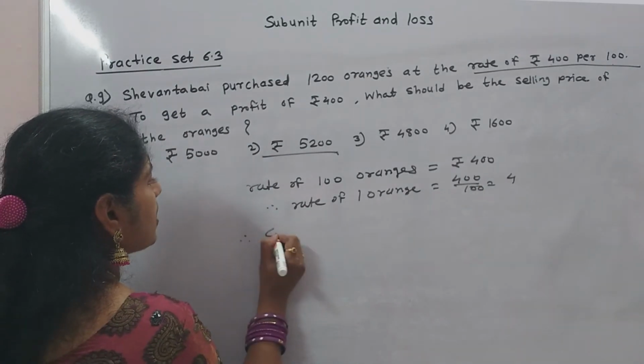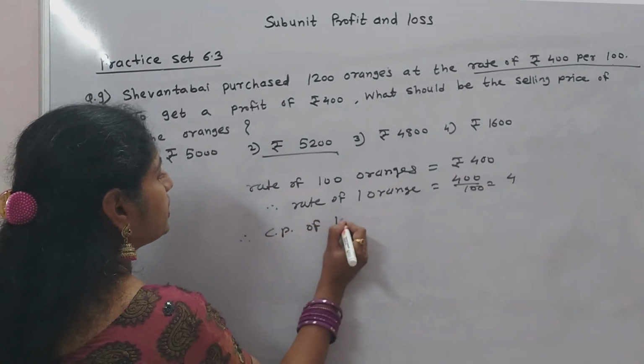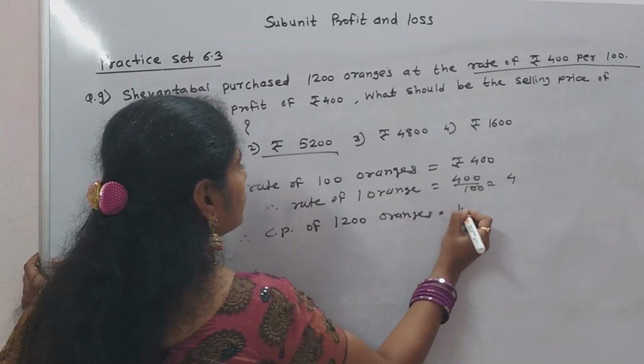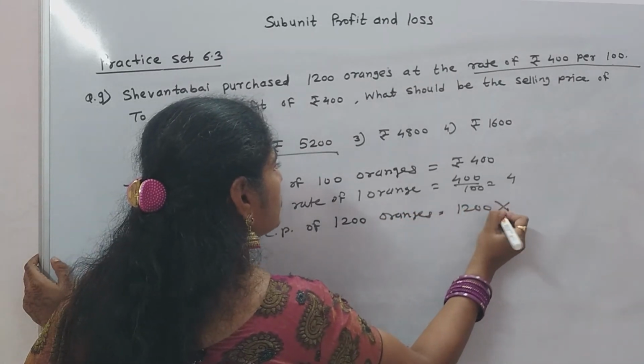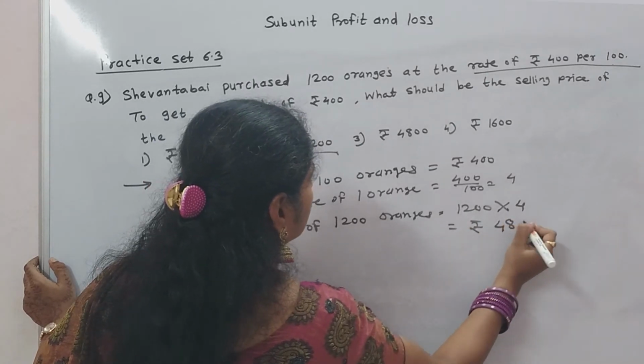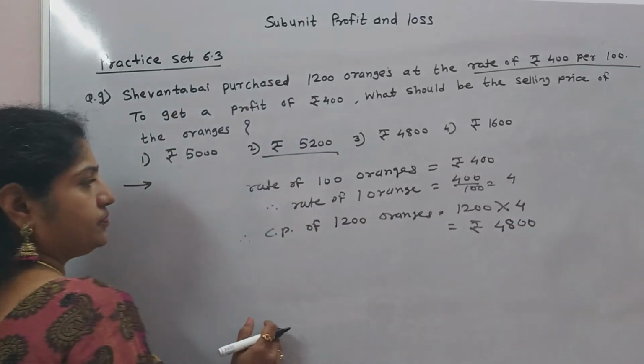And so cost price of 1200 oranges equal to 1200 into 4, that is 4,800.